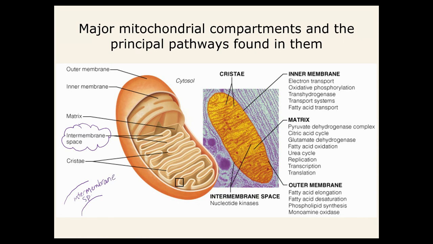So it's really important for you to understand the structure of our mitochondria. And then just as review, here's a list of all the different processes and where they occur. The mitochondria has a lot of important processes, and everything really occurs there except for the cytosol of the cell, which is where glycolysis occurs.